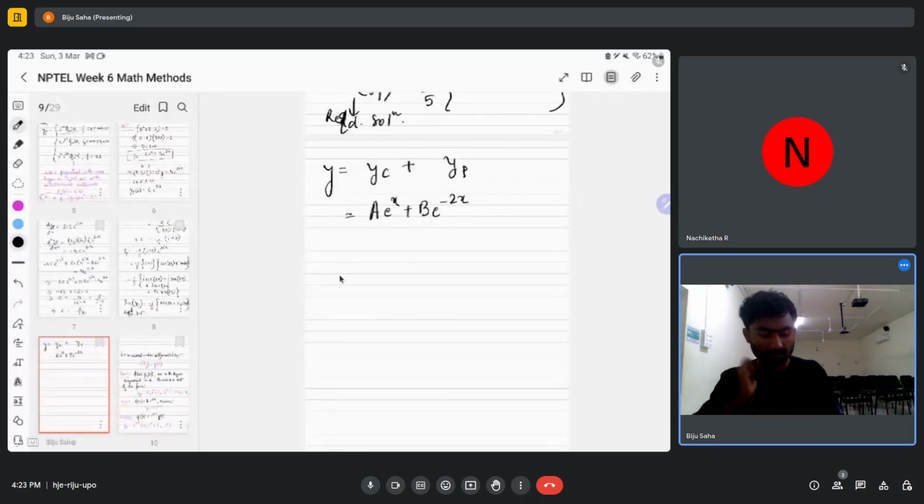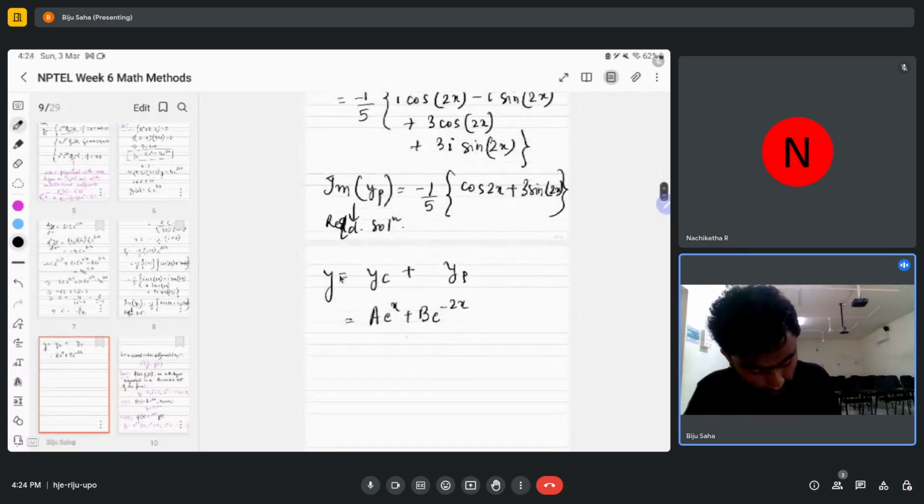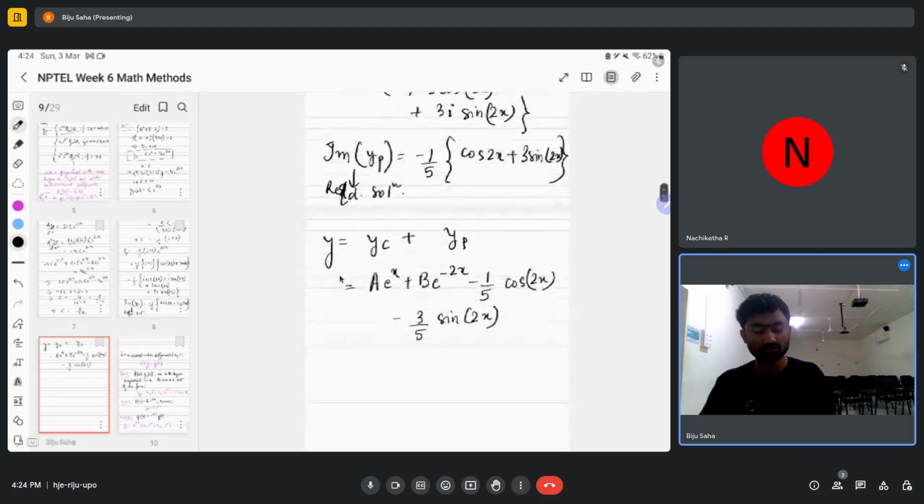This is the complementary solution, and your particular solution was as shown. So this is your entire solution to the differential equation.